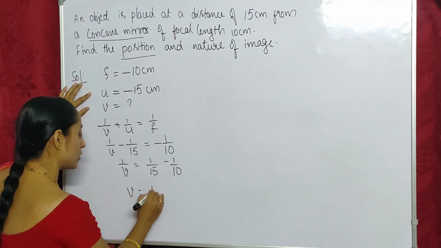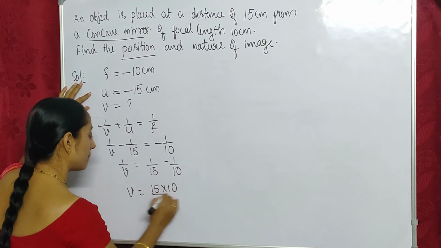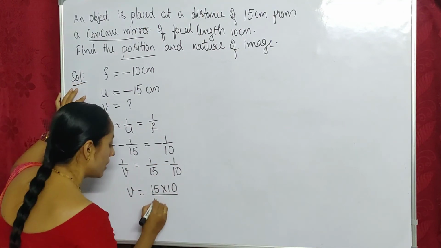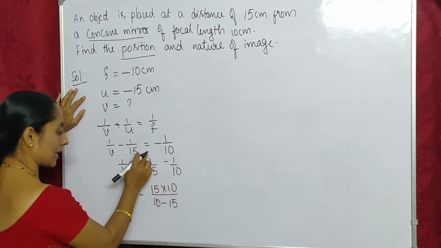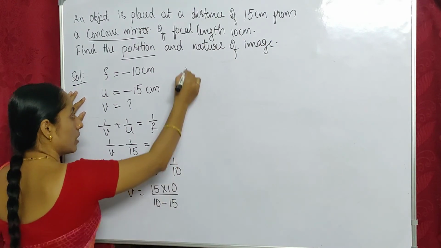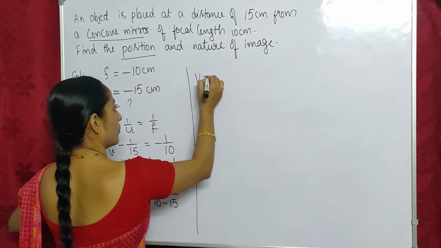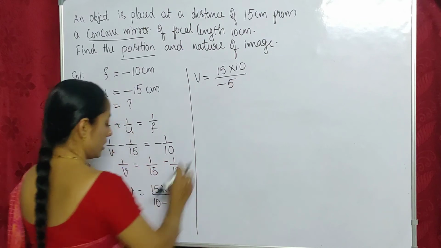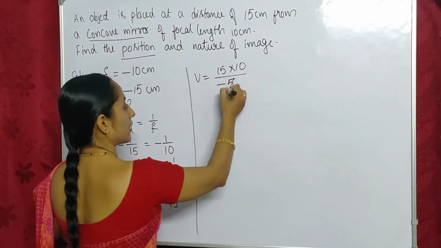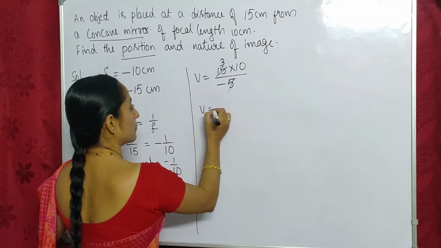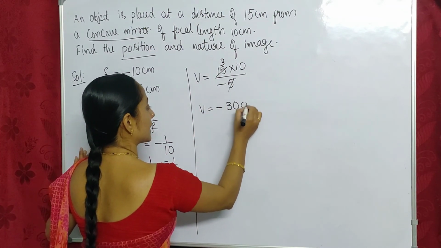So v is equal to 15 into 10 by 10 minus 15. Be very careful: 10 minus 15 is minus 5. So v is equal to 15 into 10 by minus 5, 5 3 times. So v is equal to minus 30 centimeters.